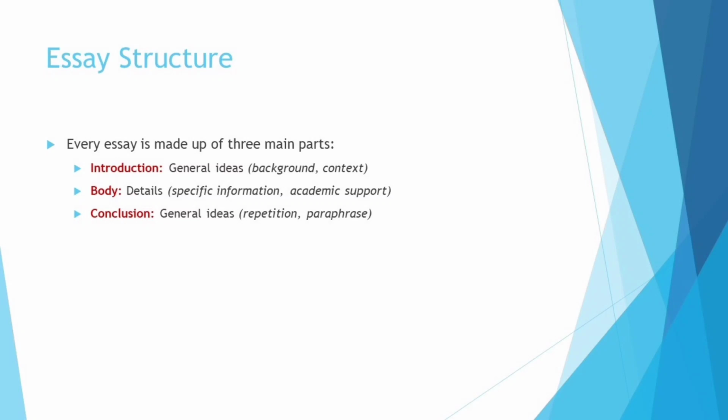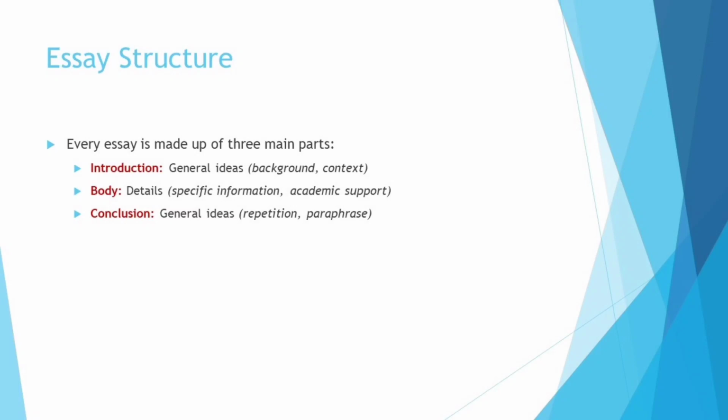And then when the brain is prepared, we can move on to the body in which we have all the details, all the specific information, in which you also academically support your ideas and the information that you have. And even after giving all the details, we need to move on to the conclusion in which you repeat some part of the information, you summarize and you paraphrase so that the brain can retain information.